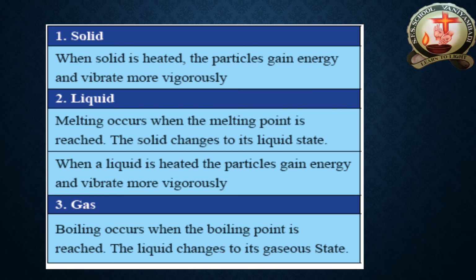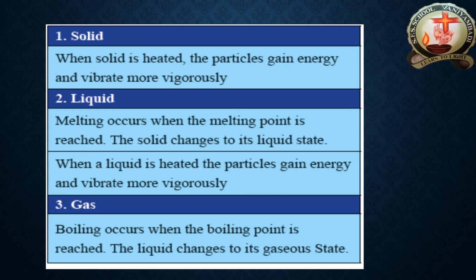Then solid, liquid, gas are the three major types of matter. When a solid is heated, the particles gain energy and vibrate vigorously. Melting occurs when the melting point is reached, and the solid changes into liquid, like ice.